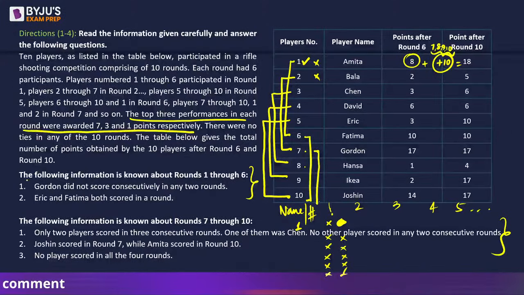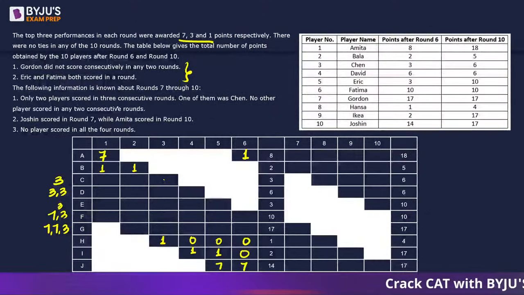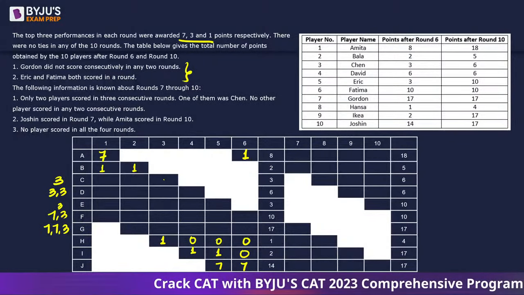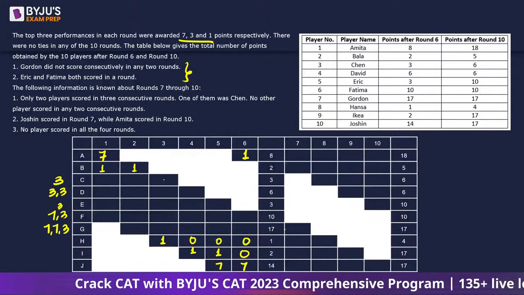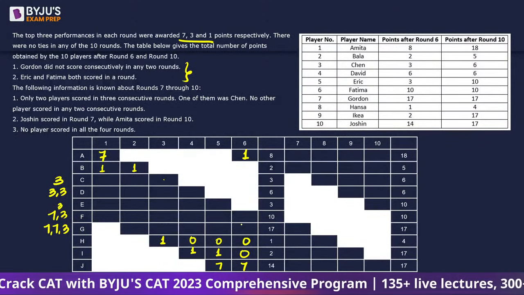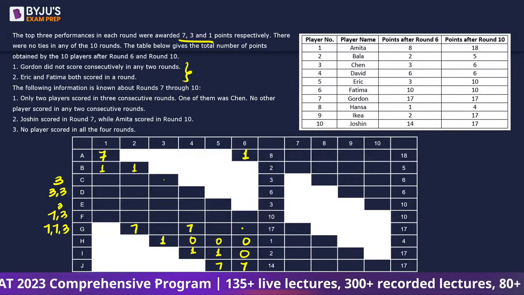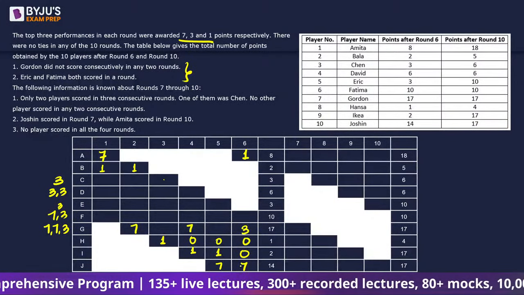Okay. So the two statements here about Gordon and Eric Fatima, it's about only from rounds 1 through 6. Gordon did not score consecutively in any 2 rounds. So if I look at Gordon, this 7-7-3 has to be alternate. Now I can't put a 7 here. So the only place I can put 7-7 are these two, and this has to be 3.